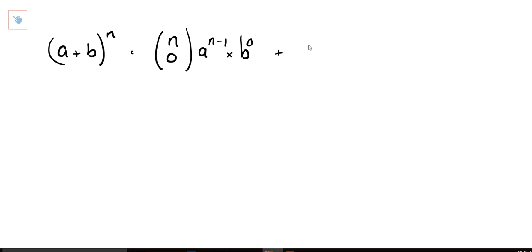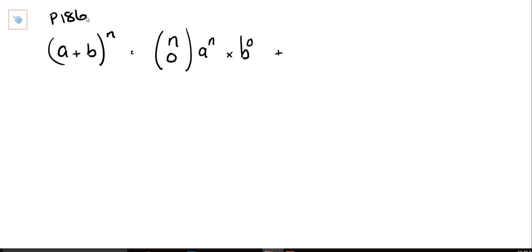Actually, I'm wrong, sorry. It should be a to the power of n, b to the power of 0. So the bottom of page 186, like the red boxes. Yeah. Okay.